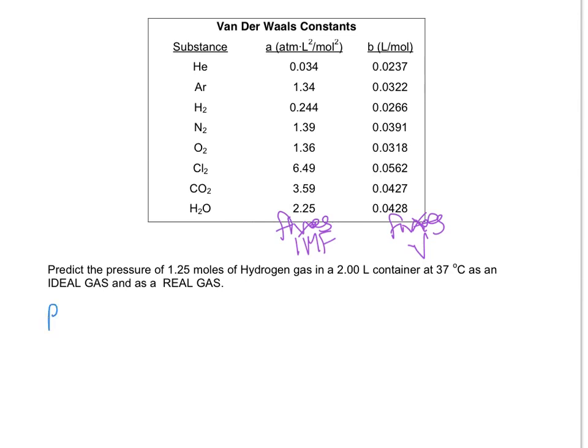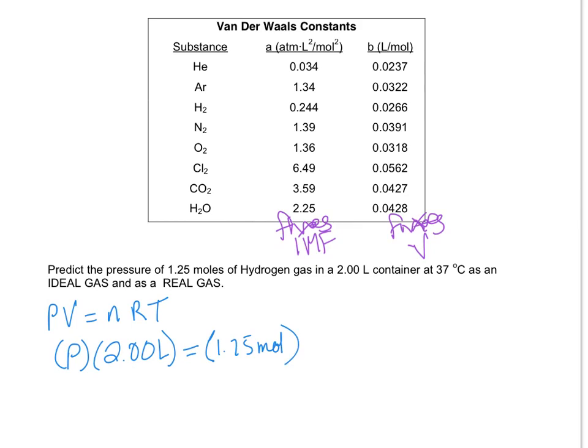So PV equals nRT. And so you would say P is what we're solving for. The volume is 2.00 liters, n is 1.25 moles. R in this case, you can use whichever R you would like.